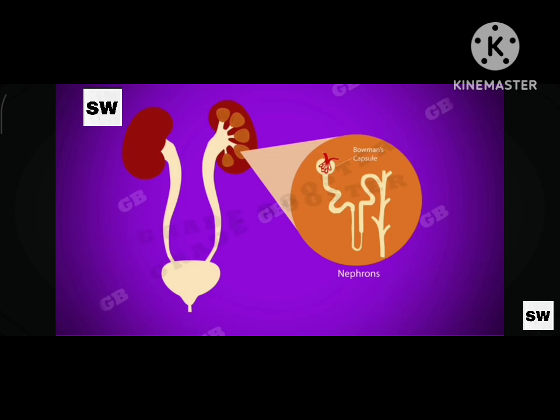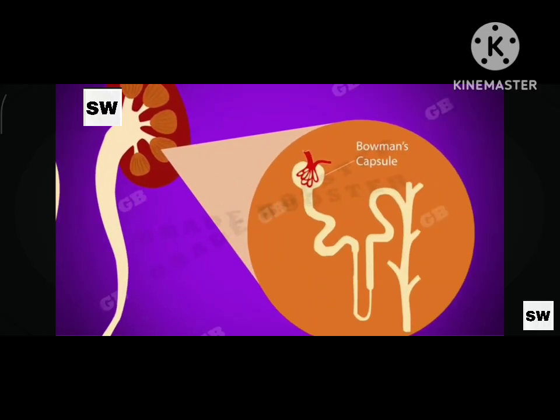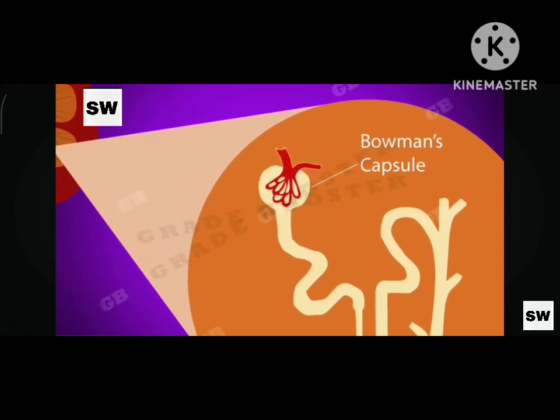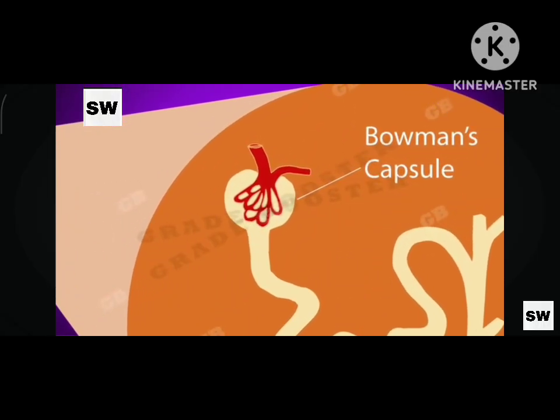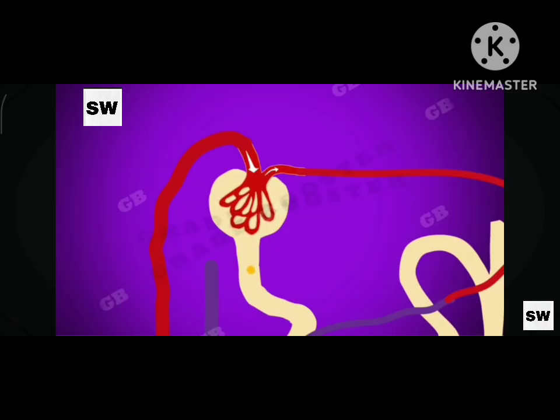Nephrons are the functional units of kidneys, which actually filter the blood. Each nephron consists of a cluster of capillaries and a tube with a cup-shaped end called Bowman's capsule. Blood is filtered in this capsule, and toxic wastes like urea, uric acid, creatinine, along with water are separated.